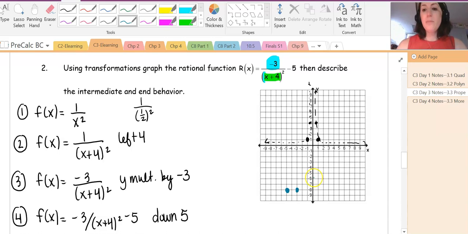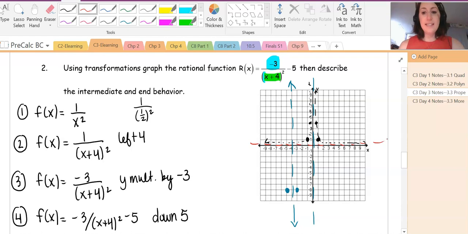So the original parent function has a vertical asymptote at x equals 0. However, we shifted everything left 4. So guess where your vertical asymptote is now? It's at -4. Okay? And your original horizontal asymptote was at y equals 0, but what did we do with everything?